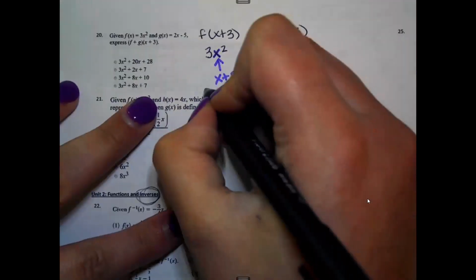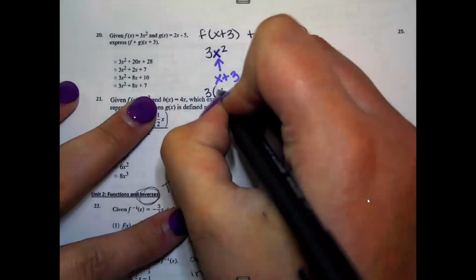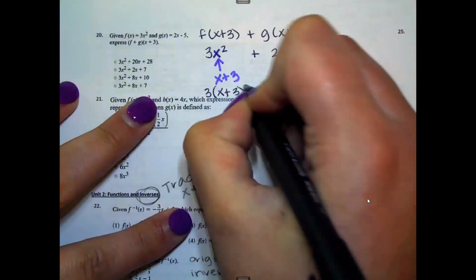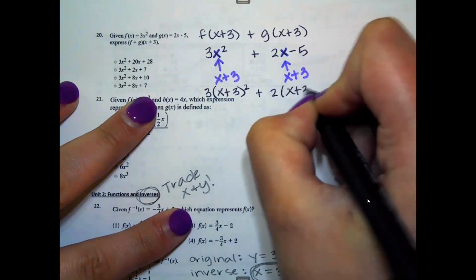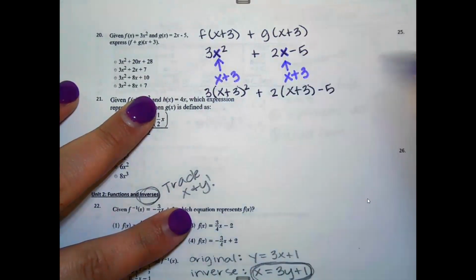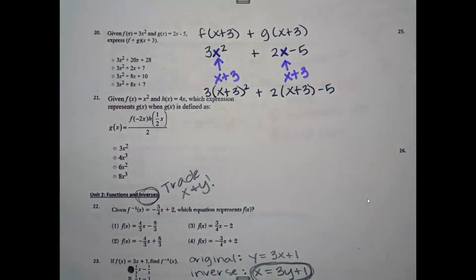So you're going to end up with 3 times x plus 3 squared, plus 2 times x plus 3 minus 5. And then, just like the other ones, you're finding an equivalent expression, so you can just graph and see which one would be the same.